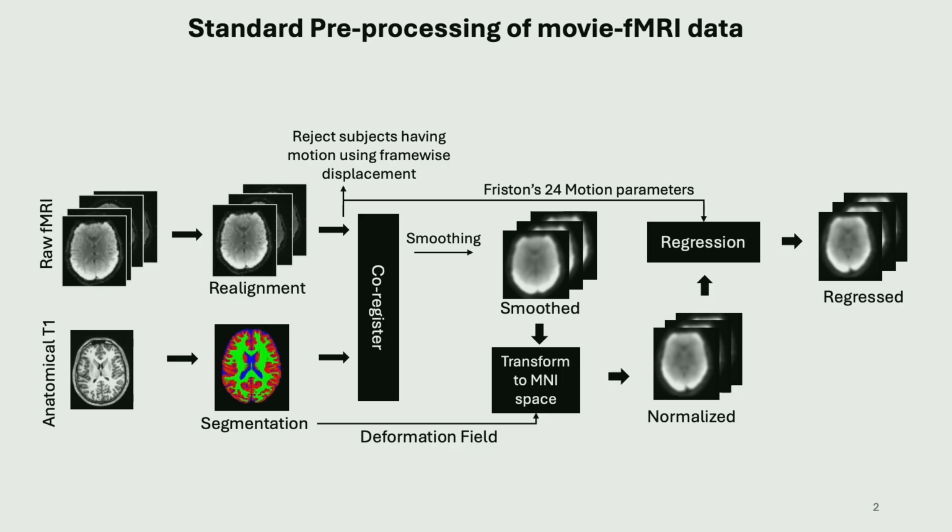In movie watching also, it's similar, but because the questions that are being asked are different, I'll try to cover places where we use slightly different processing analysis methods for movie watching.